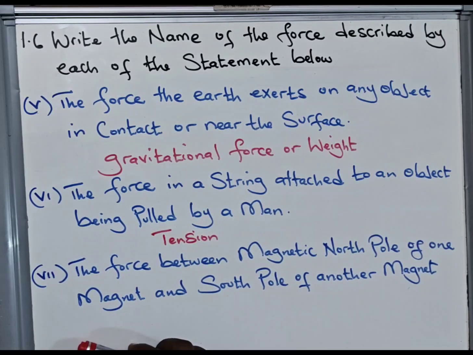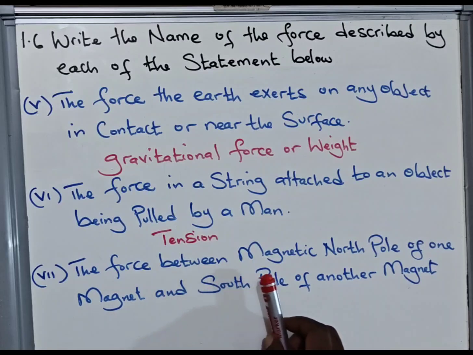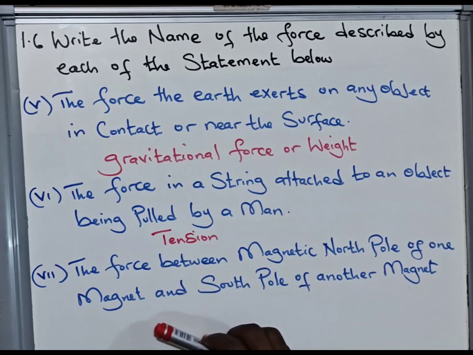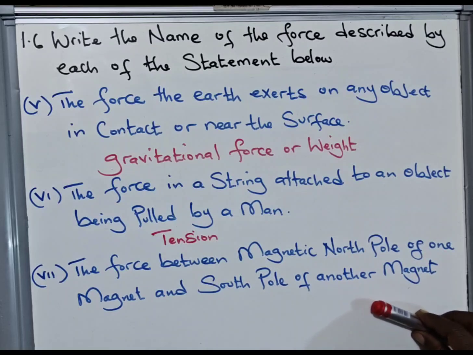Then we come to this one. It says the force between the magnetic north pole of one magnet and the south pole of another magnet. That force between two magnets, what do we call it? We call it magnetic force.